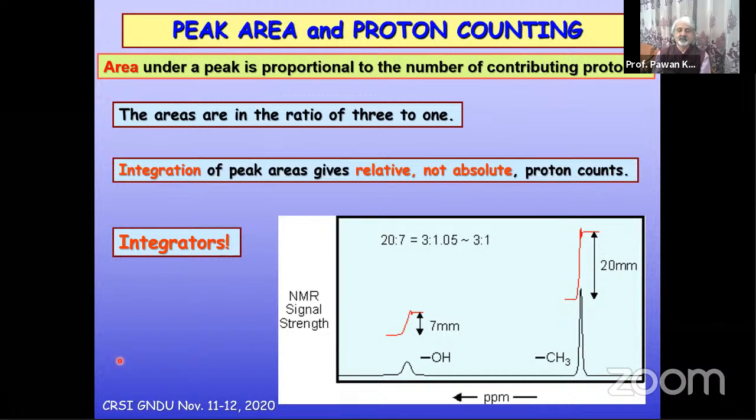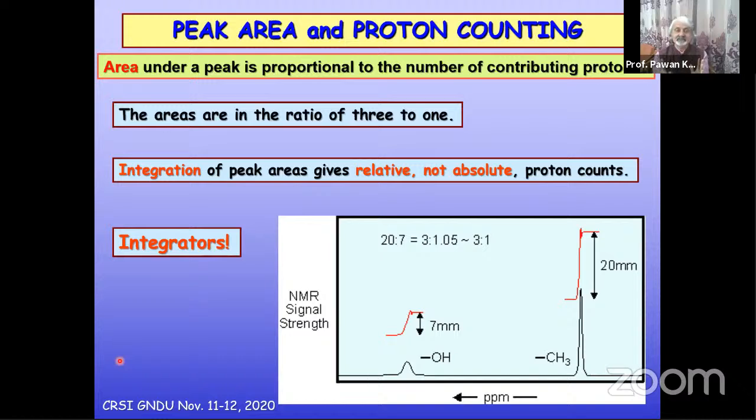But please remember one very important thing. Integration of peak areas gives us the relative proton count and not the absolute proton count. That means a 3:1 ratio is telling me that if there are 2 sets of protons in my compound, and one kind of protons is 3, then the other is 1.